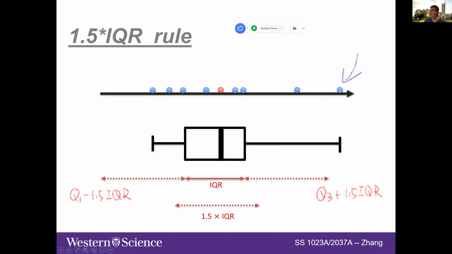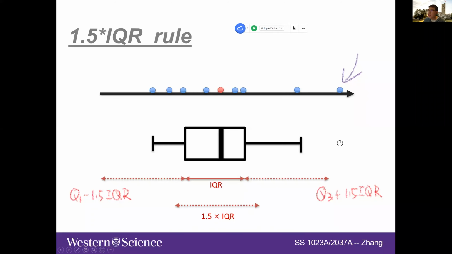So for this point, because it is located over here, it's definitely outside of our range in this 1.5 IQR rule. So we will regard this as an outlier. And in fact, the box plot has a very nice way to represent outliers.